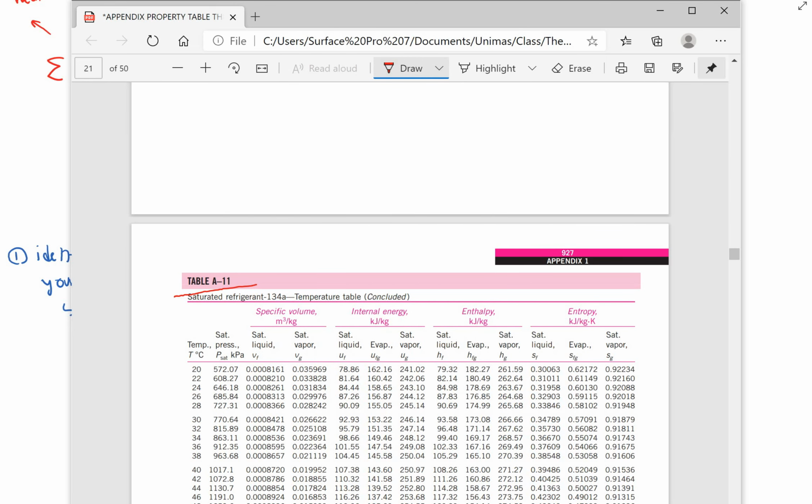R134A. Is it A11, A12 or A13? Look at the given information there. It says that your T is 30 degrees Celsius and your P is 700 kilopascal.